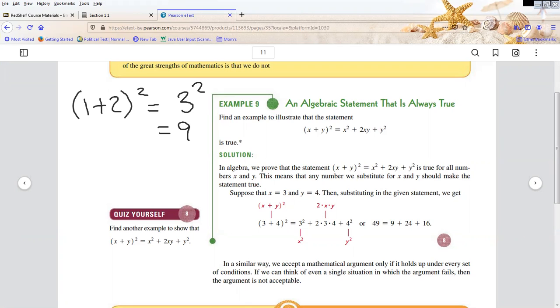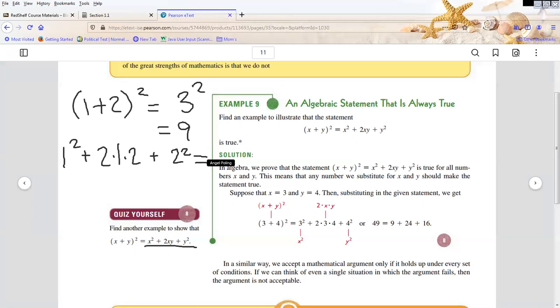And now x squared, that'll be 1 squared, plus 2 times 1 times 2, plus y squared, which is 2 squared. So now I'm looking at the right-hand side of the equation.